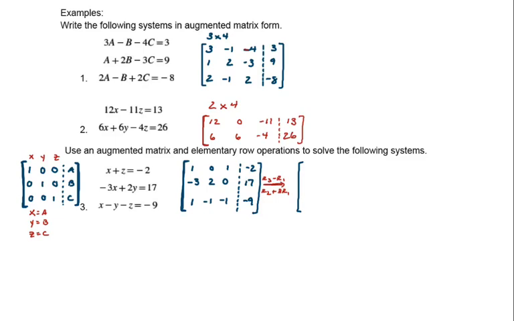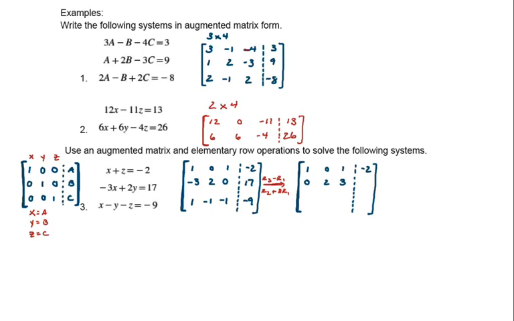So the first thing I'm going to do is rewrite my first row, since I'm not changing that one, and I would get 1, 0, 1, negative 2. And then to get my second row, take a look at the operation that I said. I'm going to take row 2 and I'm going to add 3 times row 1.